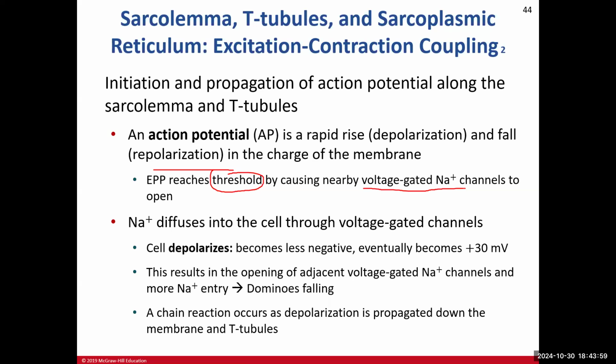And now it's again that same scenario that we saw in the neuron, like dominoes falling into one another. One voltage-gated sodium channel will trigger the opening of the next one. And it's a sequential event like we saw before. The next adjacent voltage-gated sodium channel opens up, which triggers the opening up of its neighbor, which triggers the opening up of its neighbor.